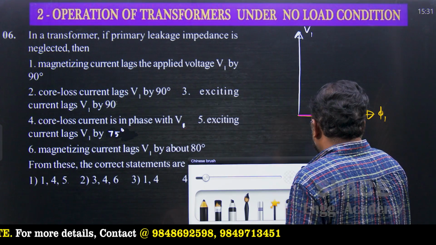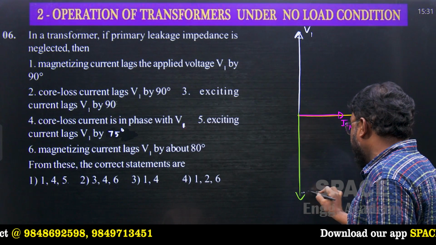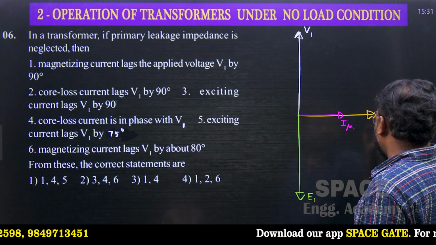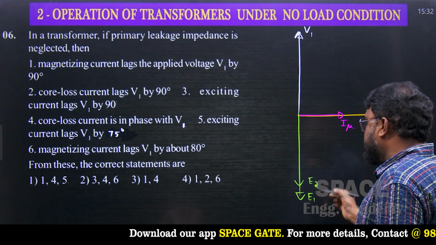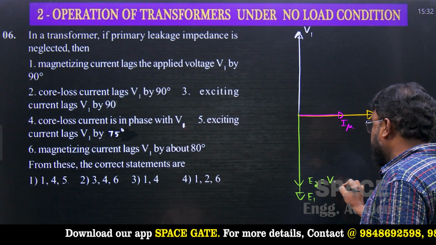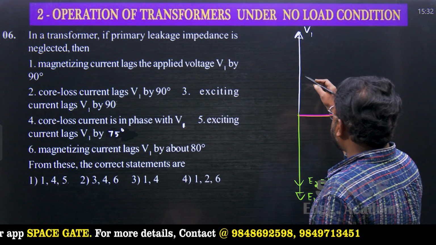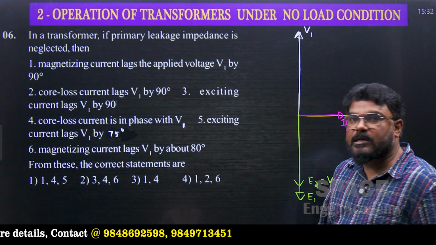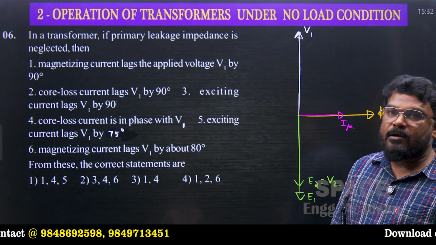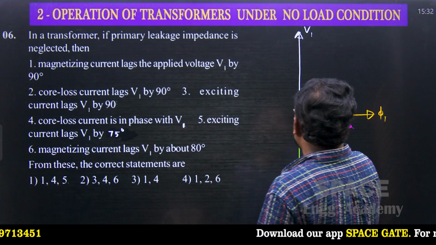In the transformer, the primary induced EMF lags the main primary flux by 90 degrees, and this is the induced EMF in the secondary winding. E1 and E2 are in phase with each other. In the transformer, the iron loss component of current is represented with a resistive element. So current flows in the resistive element always in phase with applied voltage.